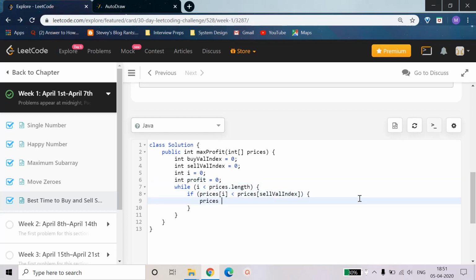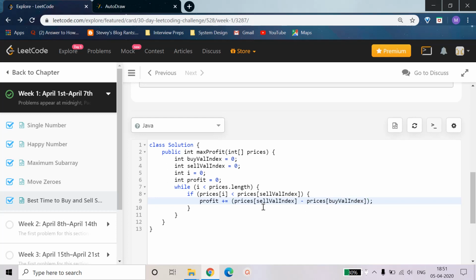So the profit in this case will be the difference between whatever the sell value index is pointing to, and the buy value index is pointing to.